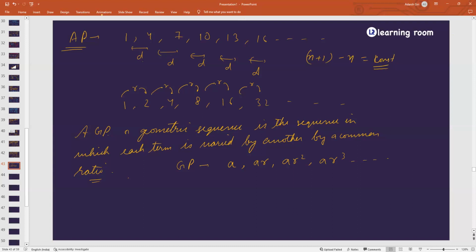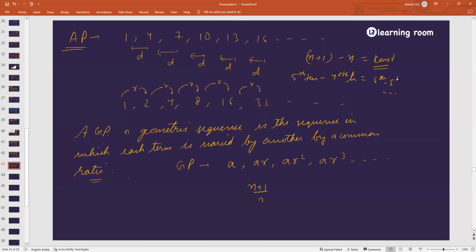For example, 5th term minus 4th term equals 6th term minus 5th term, and so on, because there we used to have a common difference.